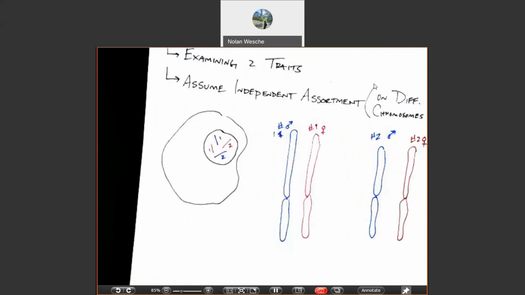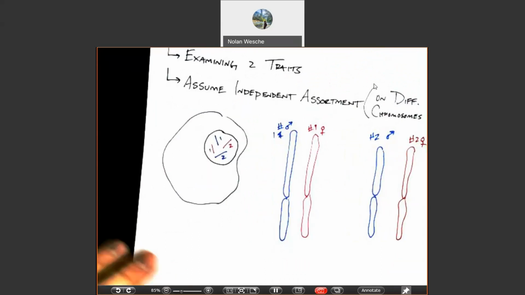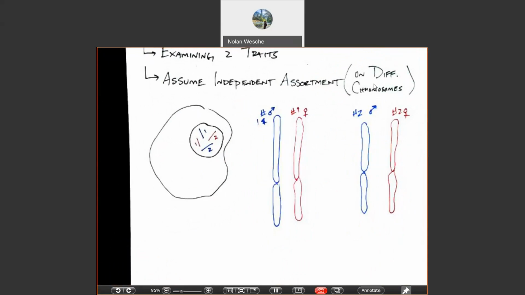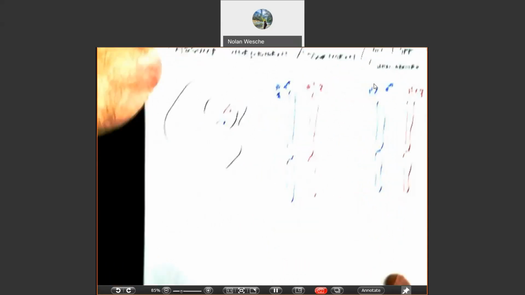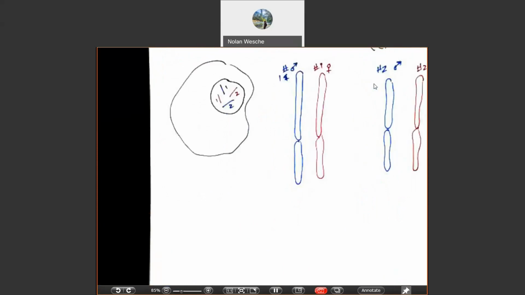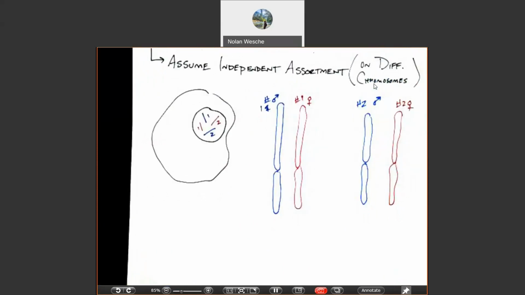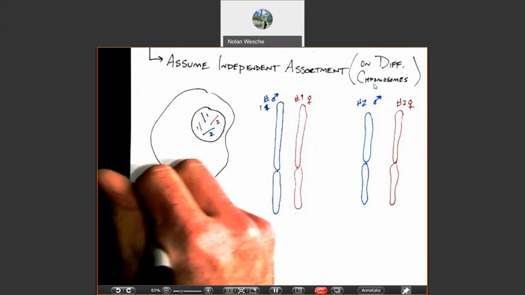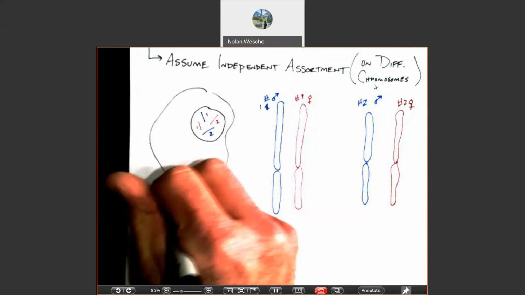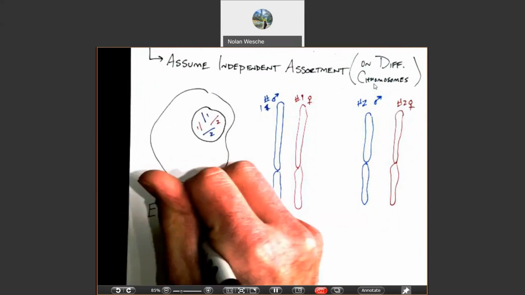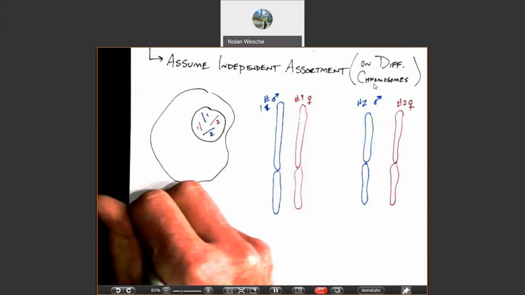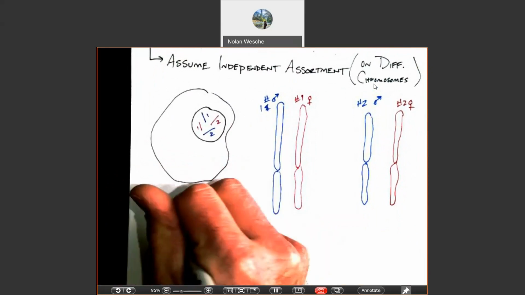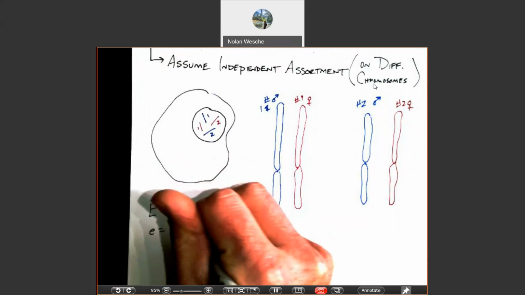And so we're saying we're looking at two different traits. So let's say that we're talking about fruit flies. And fruit flies, we're going to say they can have red eyes, which is dominant over white eyes. Or they can have these white eyes. And red is dominant over white.